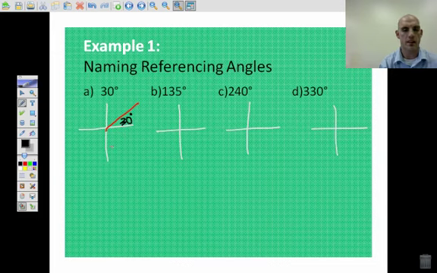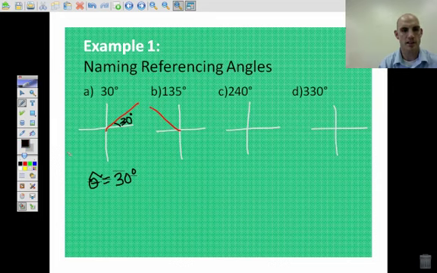Okay, so my theta hat is going to be this angle between the terminal side and my positive x-axis. So theta hat is going to equal 30 degrees. Okay, so that's kind of how this works. If we draw the next one, we've got 135. So I know that this opens up 90 here. And then this is going to give me 45 off this way.